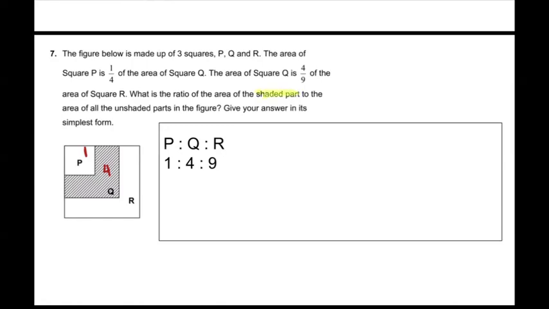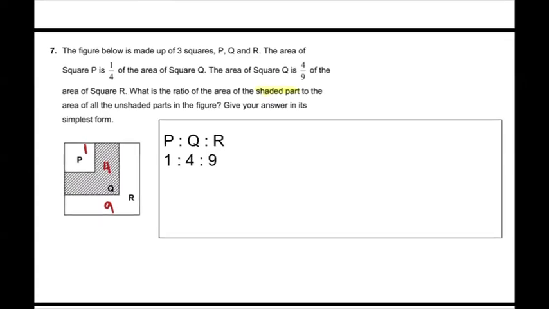We have already established shaded part, which is 4 minus 1. Now, unshaded parts of the figure. So all you need to do is to take 9, minus away P and Q, which is 5. Okay, so this part is 5. My bad. 9 minus 5.